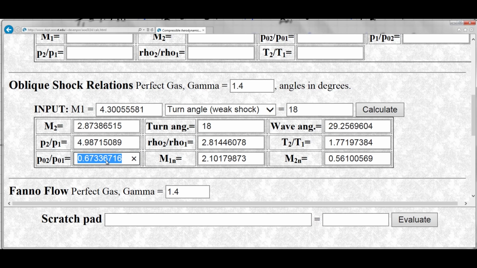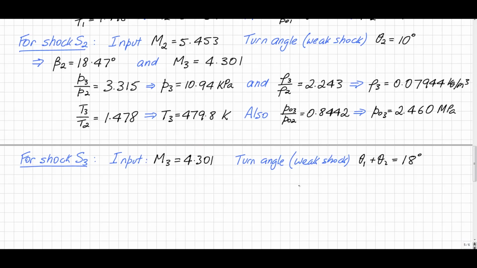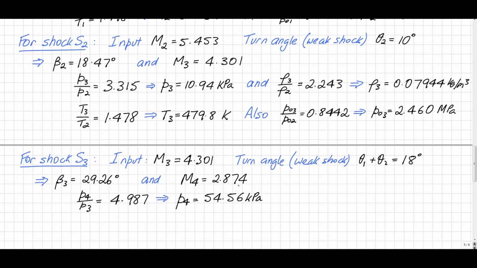We're up to 67% is all we get through this shock wave. So we'll go back and put this information now into our calculations. So we can put in directly our shockwave angle, 29.26 degrees, and the Mach number downstream of the shock, which is going to be our M4, is 2.874. So the ratio of static pressures gives us what P4 is going to be downstream of the shockwave.